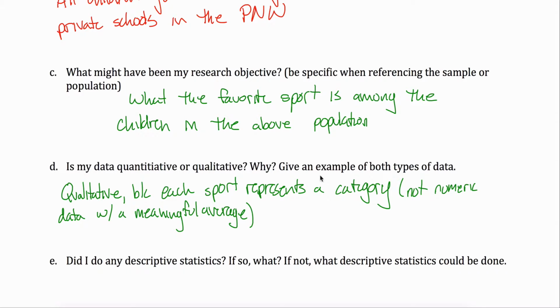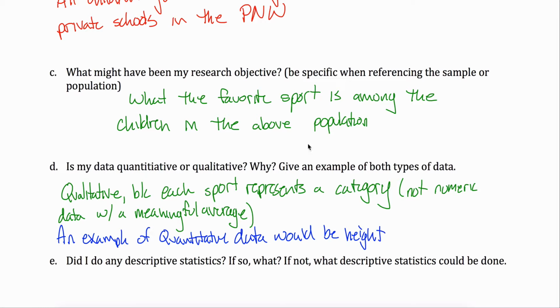So what I told you when you took this test is whatever your answer is, that's your example of one type of data. And then the other type of data, so I already have qualitative, it's this question. And then maybe in a different color here, an example of quantitative data would be, I don't know, height.